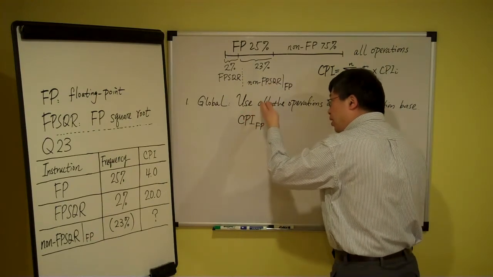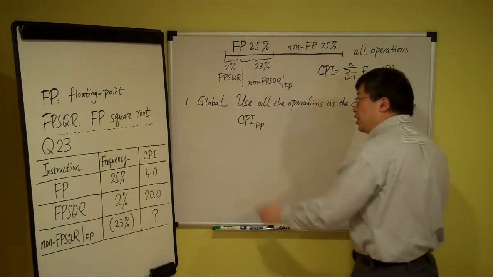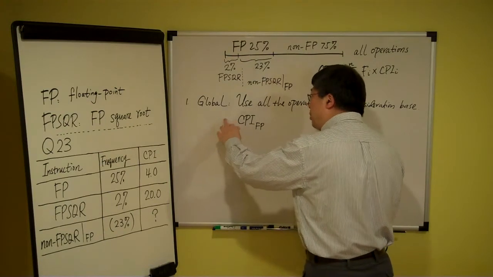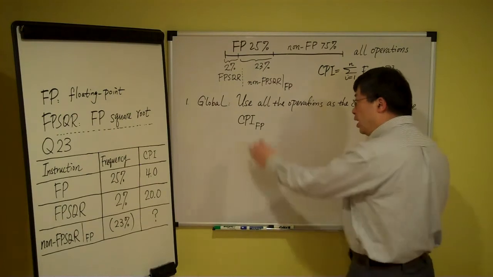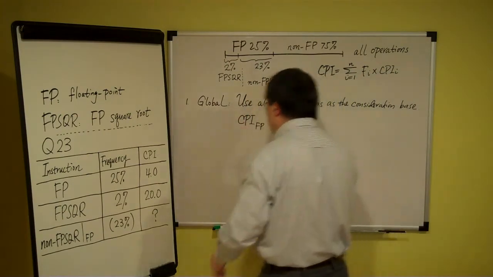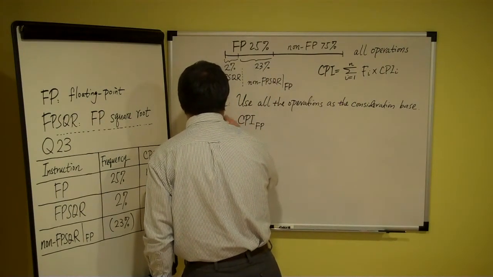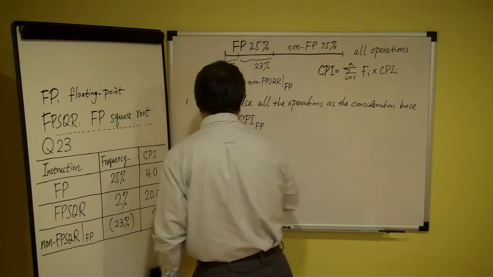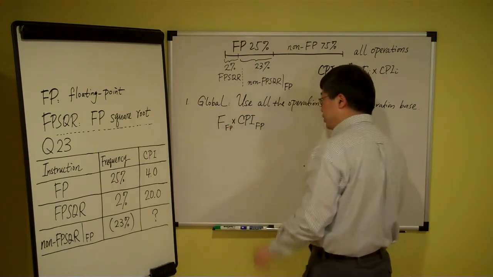FP operation is only part of all the operations. So if here we use 1 as its coefficient, that means it corresponds to all the operations. That's not correct. So the frequency for the CPI is, let me write, frequency of FP, because its corresponding frequency is this.